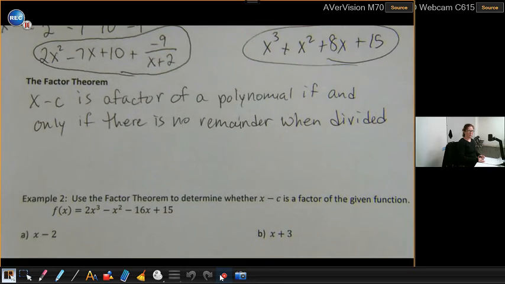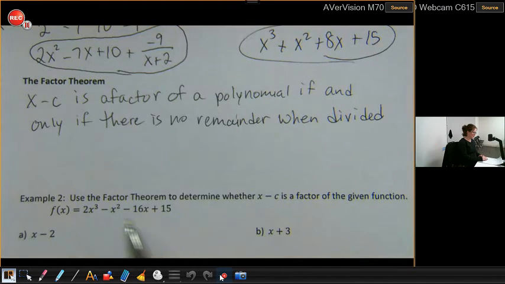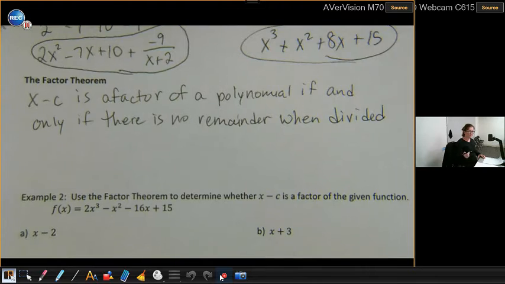So we're going to check whether the given binomial x minus 2 is a factor of the given polynomial. And we'll check that using synthetic division.